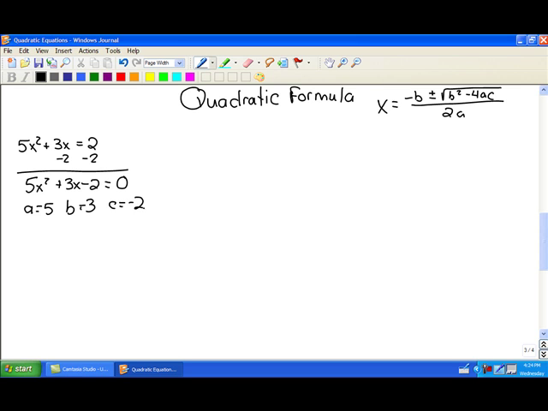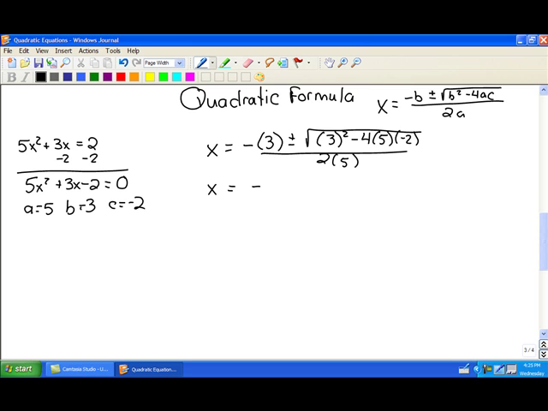So if we plug that into the quadratic formula, x is going to equal the opposite of b, so the opposite of 3, plus or minus the square root of my b squared minus 4 times my a times my c, all put over 2 times my a. Cleaning that up, x is going to equal negative 3 plus or minus the square root of 9.